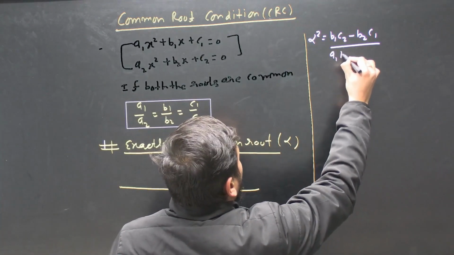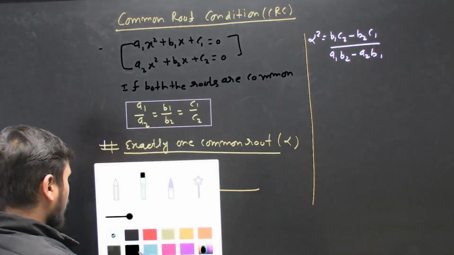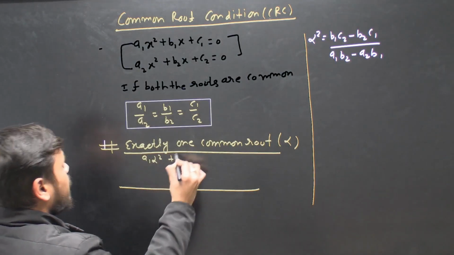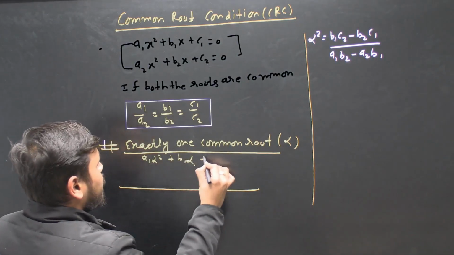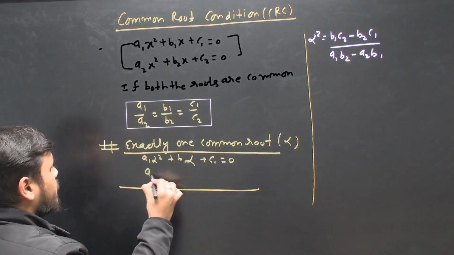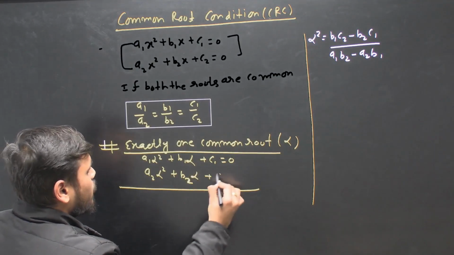Now how are we getting the value of alpha? The equations were a1 alpha square plus b1 alpha plus c1 equal to 0 and a2 alpha square plus b2 alpha plus c2 equal to 0.